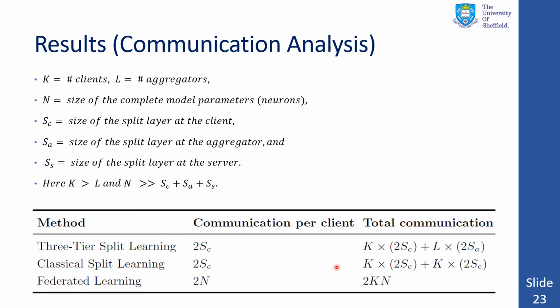In the case of the classical split learning, the intermediate component in the smart grid works as a relay that transmits every client's output to the server. So that's why our three-tier split learning is much superior in terms of the total communication, as it reduces the communication between the intermediate layer, the aggregator, and the server side.